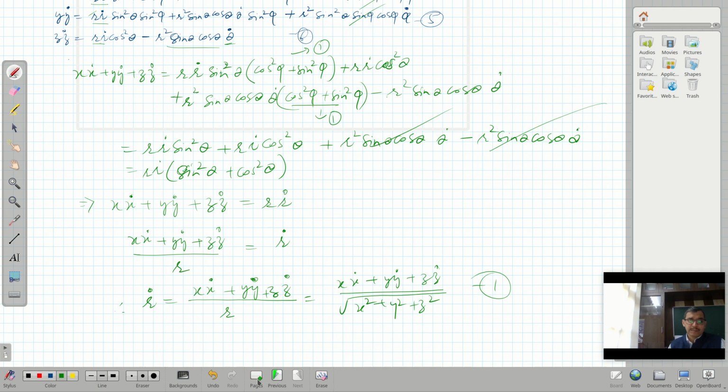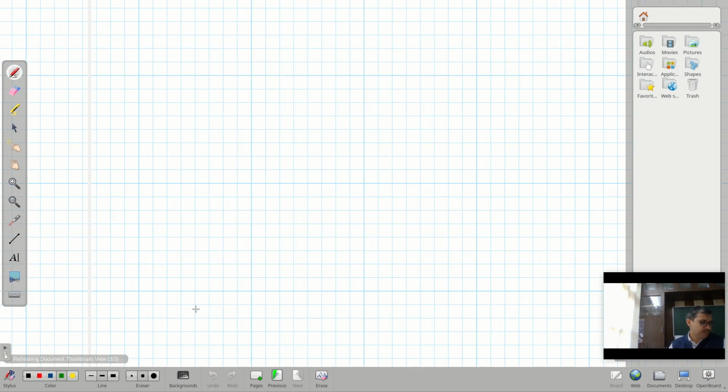Let me go to the second part now. So for that, what should I do? First of all, let me draw a coordinate system. So this is r. Let me draw a perpendicular from r to here. So it is x and it is y, and this part is known as rho.